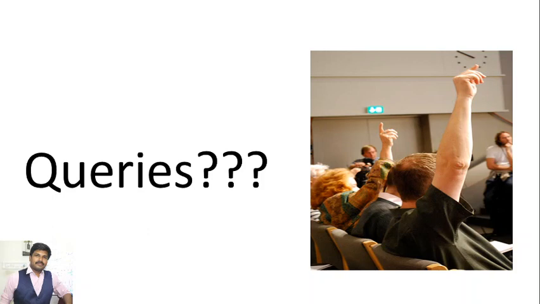The next question will be, what are the various types of joins? I repeat, what are the various types of joins? You can type in your answers in your chat box.